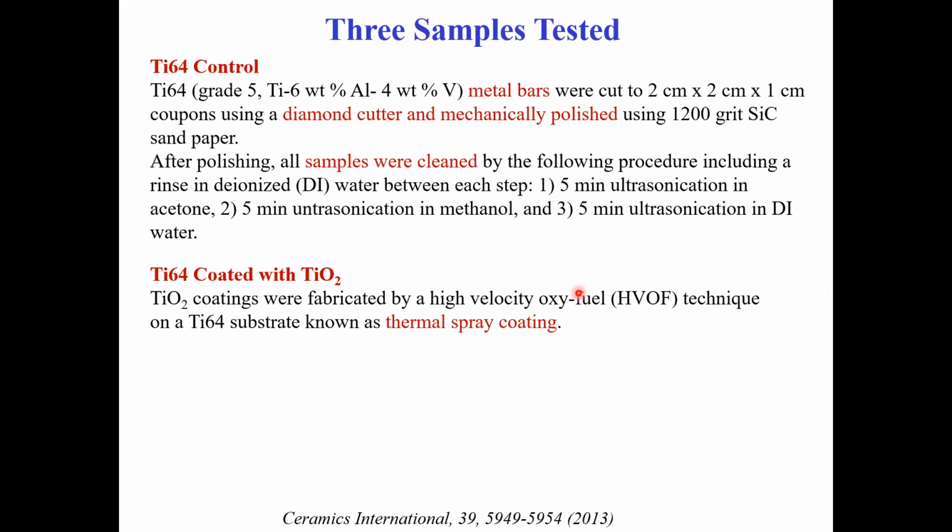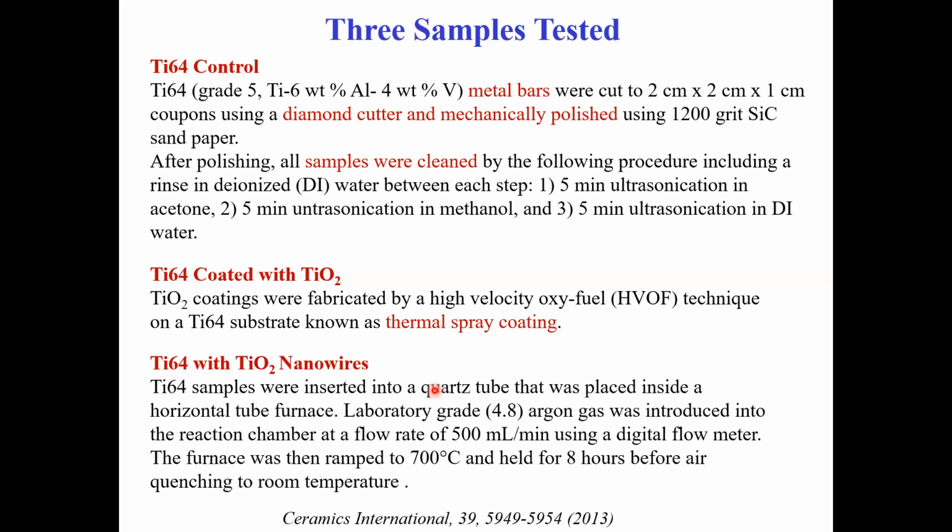The other sample we use is Ti64 coated with titanium dioxide. And we deposit this coating on top of that substrate by a thermal spray coating type process. So that's the coating process.